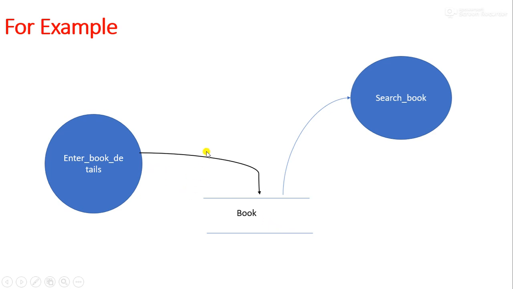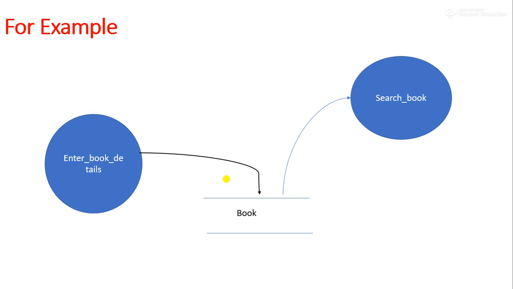So first this process entered the detail into the data store, then only the process is fetching the data from that data store. So the speed of two processes is not same, so this type of process is known as an asynchronous process.